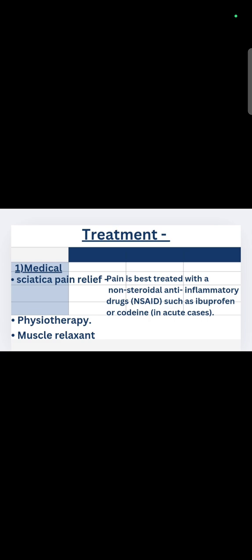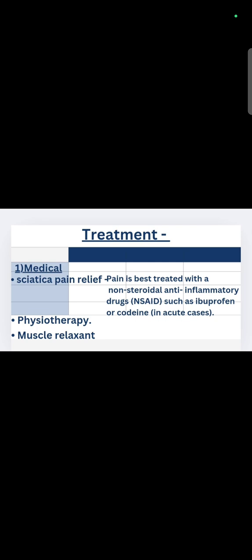For that, you will go for NSAIDs, that is non-steroidal anti-inflammatory drugs. In short, you will give them pain relief.